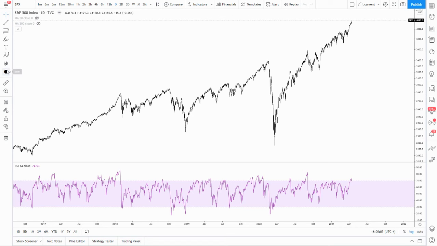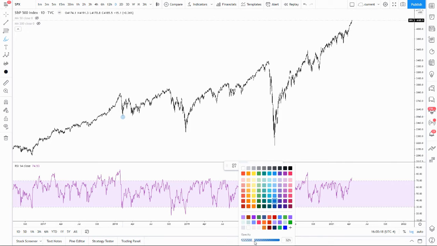So what you're going to want to focus on is these. As the S&P 500 fell here, for example, I'm not going to use that. I'm going to use this. Make this a little darker so you can see it. There we go.